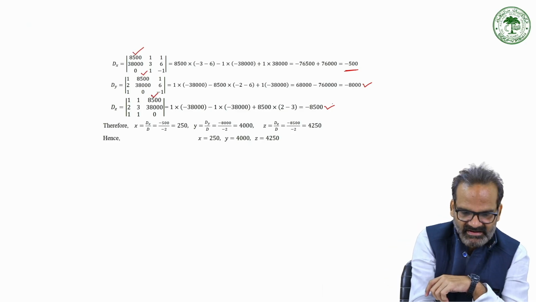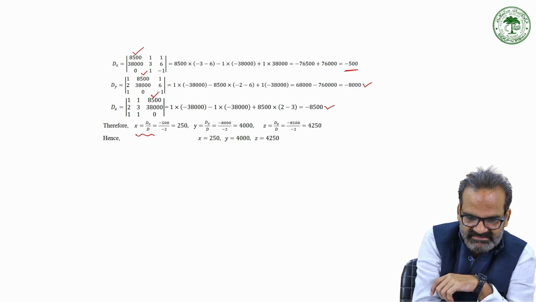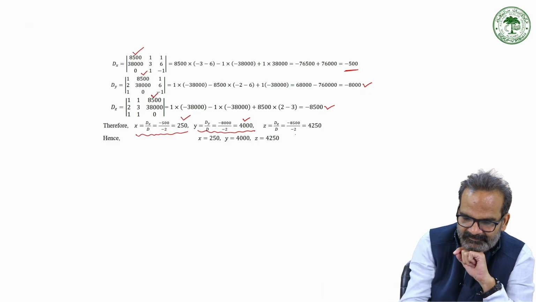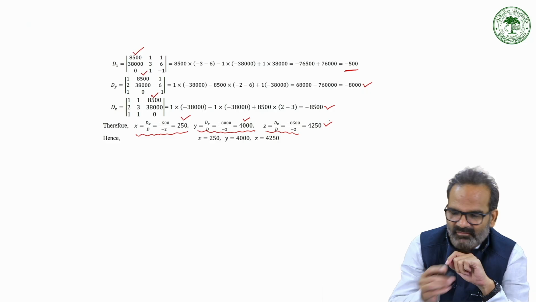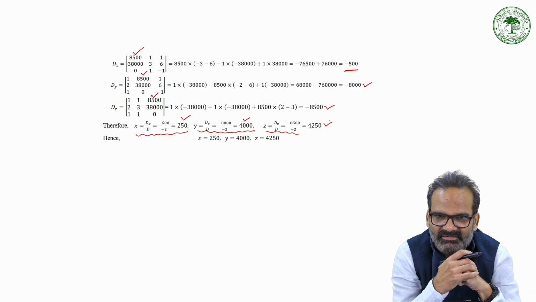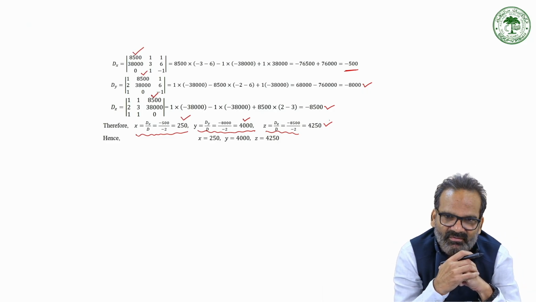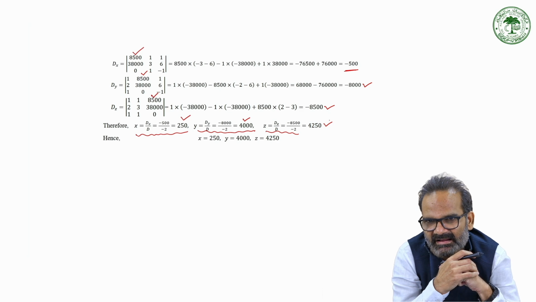So x is equal to what? Dx divided by D, it is coming out to be 2500. Y is dy divided by D, it is coming out to be 4000. Z is dz divided by D, it is coming out to be 4250. So x is 2500, y is 4000 and z is 4250.